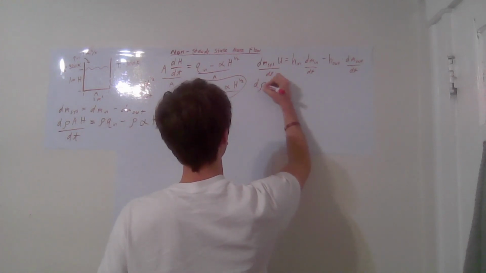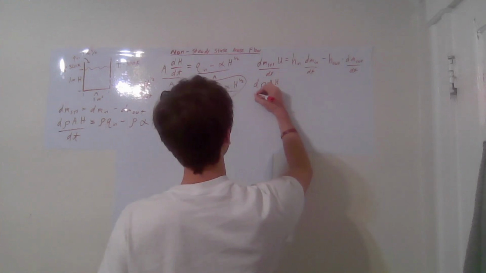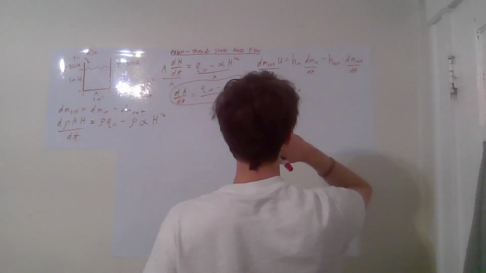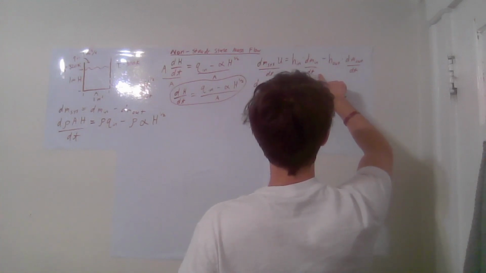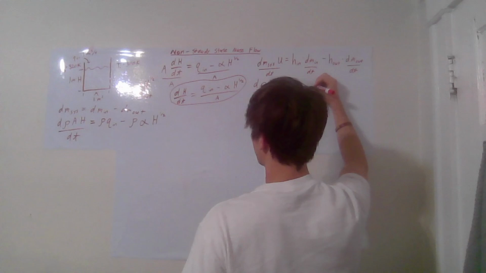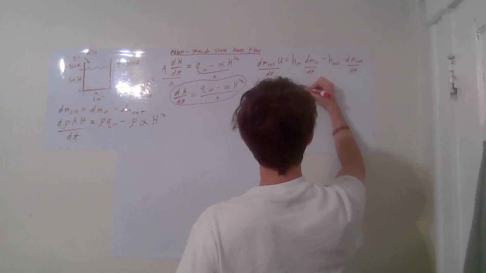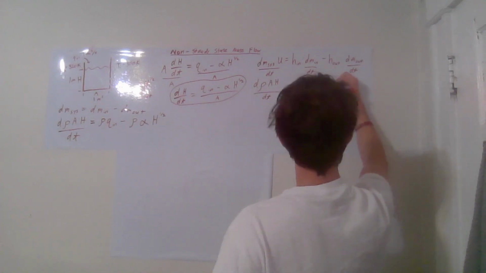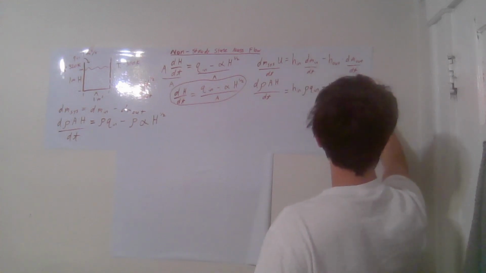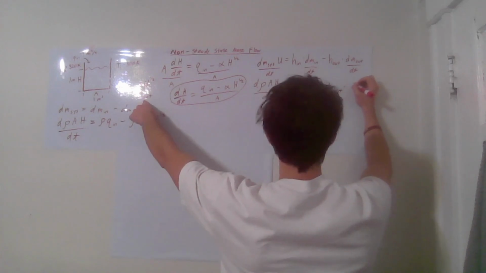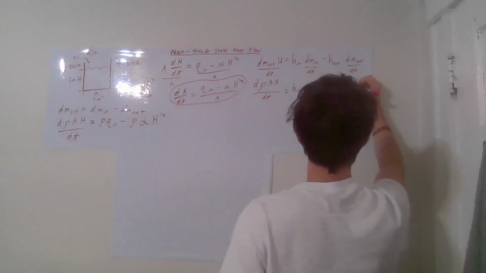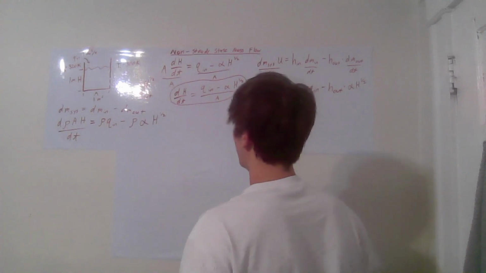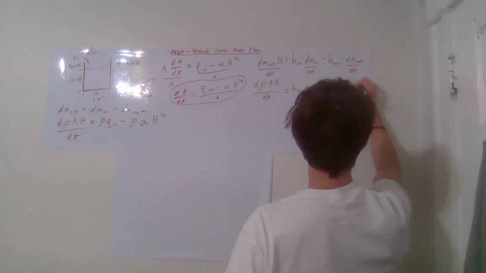d times the density times A times H all over dt is going to be equal to the enthalpy in times the change in our mass coming in, which is going to again be the density times the Q in minus the enthalpy out times our T going out, which is going to be our alpha h to the 1/2 times our density as well.